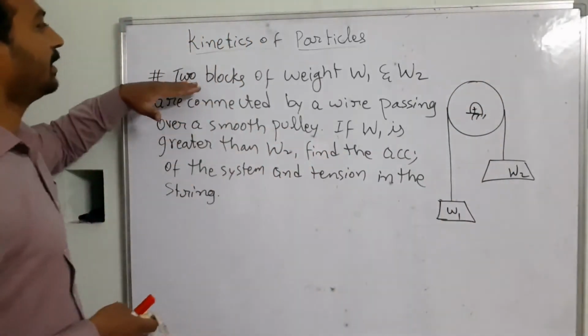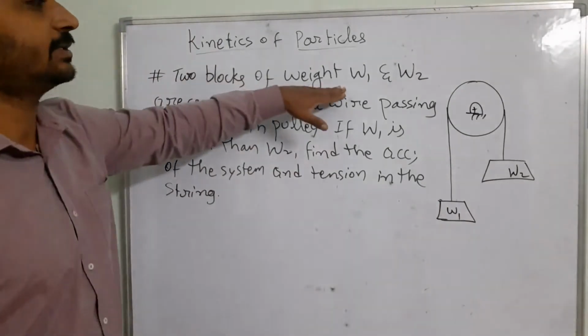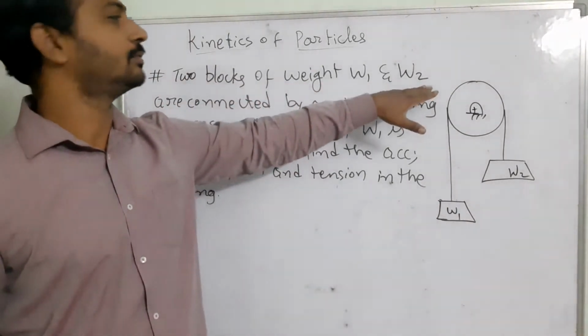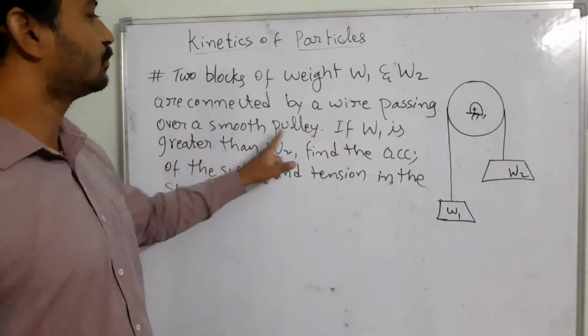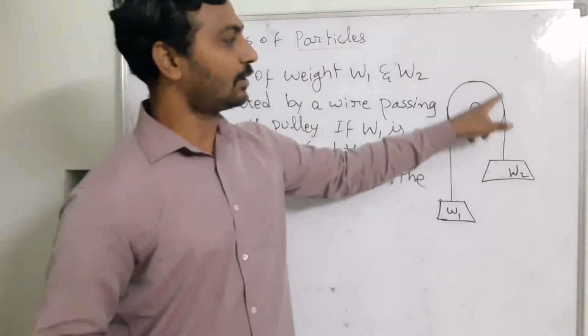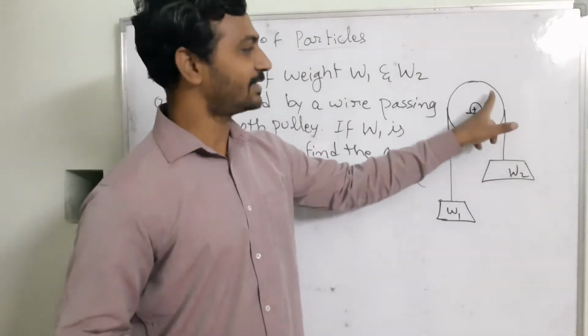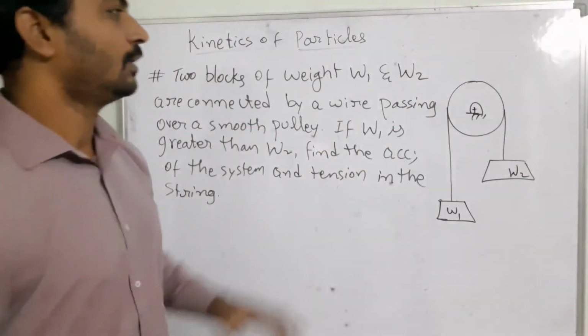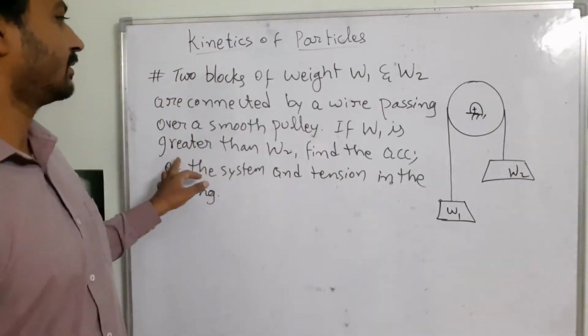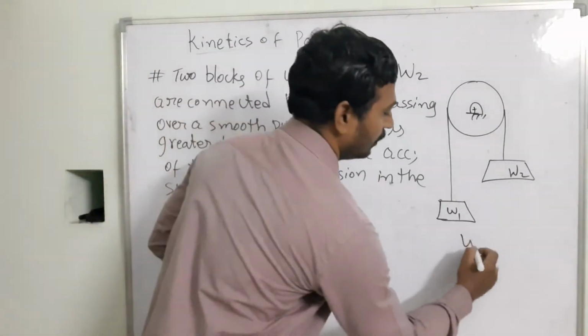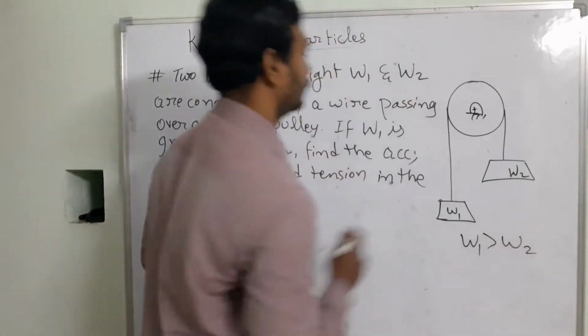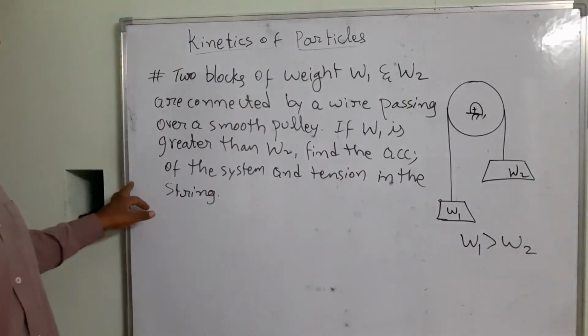So now I'm going to read out: two blocks of weight W1 and W2 are connected by a wire passing over a smooth pulley. In this case also, the friction between the rope and the pulley is 0, and the two weights are connected. If W1 is greater than W2, this is the condition he has given.